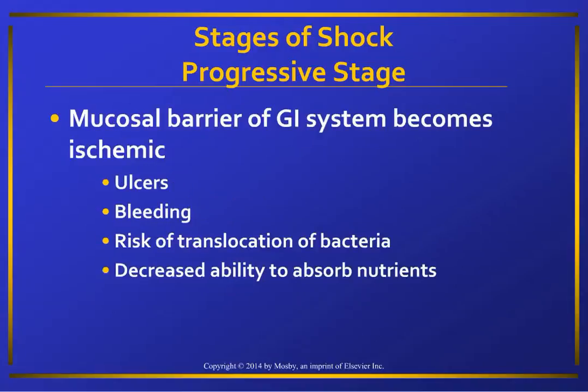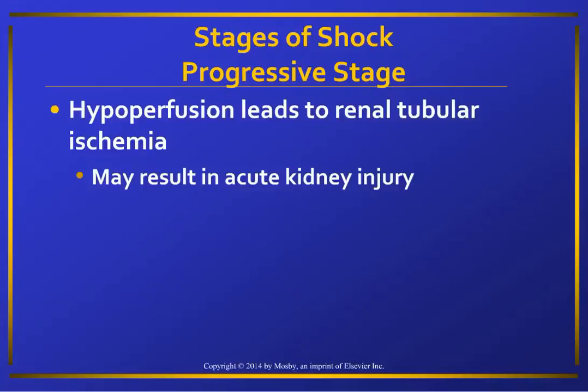The GI system is also affected by prolonged decreased tissue perfusion. The effect on the kidneys of prolonged hypoperfusion is renal tubular ischemia. The patient will have a decreased urine output and an elevated blood urea nitrogen, or BUN, and serum creatinine. Metabolic acidosis occurs from the kidney's inability to excrete acids, especially lactic acid, and reabsorb bicarbonate.